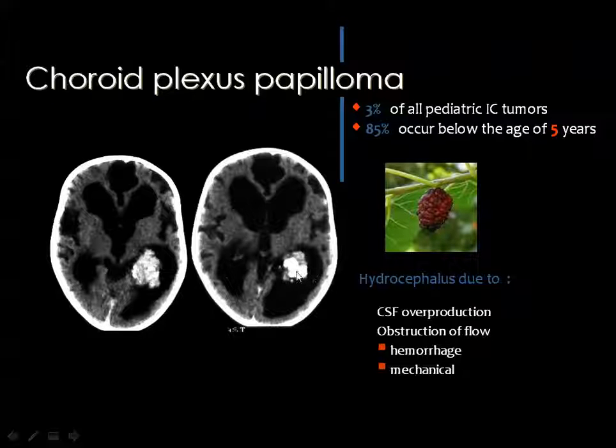Then functioning tumors will increase the CSF production, and this will result in what's known as communicating non-obstructive hydrocephalus. Also, the tumor may obstruct the CSF flow because of mechanical obstruction or because of hemorrhage. And this tumor, as you all know, is very vascular, and it frequently bleeds within the CSF spaces.